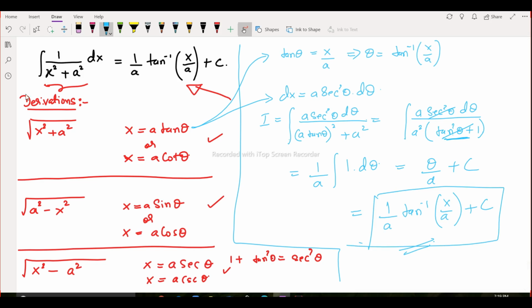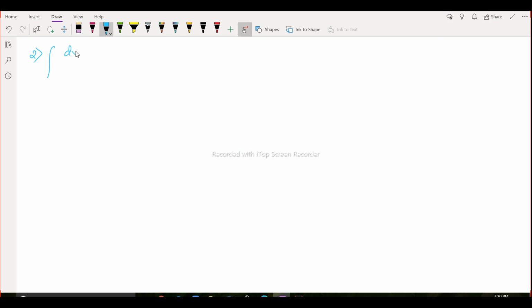So this was the first one in this type, and in total there are around seven of them. So let's write down all the formulas. The second one: dx upon a square minus x square is equal to 1 by 2a log of a plus x upon a minus x plus c.